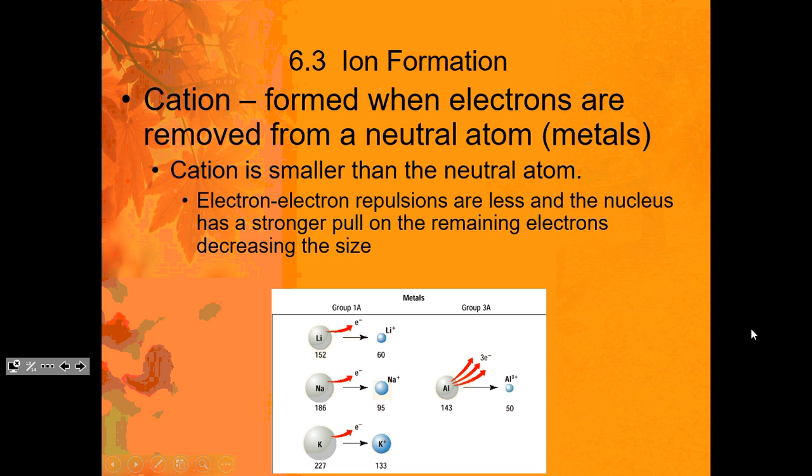And remember, we lessen the number of electrons, that's less electron-electron repulsions. And this nucleus has a stronger pull on the remaining electrons, decreasing their size. And also, as I said, in many cases when we form a stable cation, we've lost an entire valence level. And if we're on a lower energy level, we're closer to the nucleus. So it also usually involves the decrease in the number of shells or energy levels.